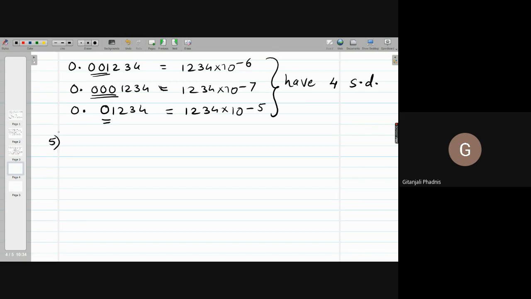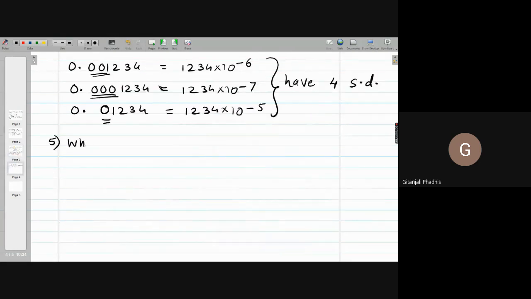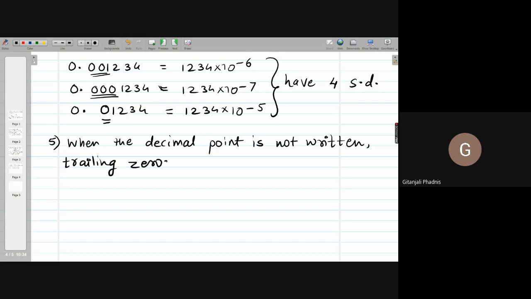The last one: when the decimal point is not written, trailing zeros are not considered to be significant.